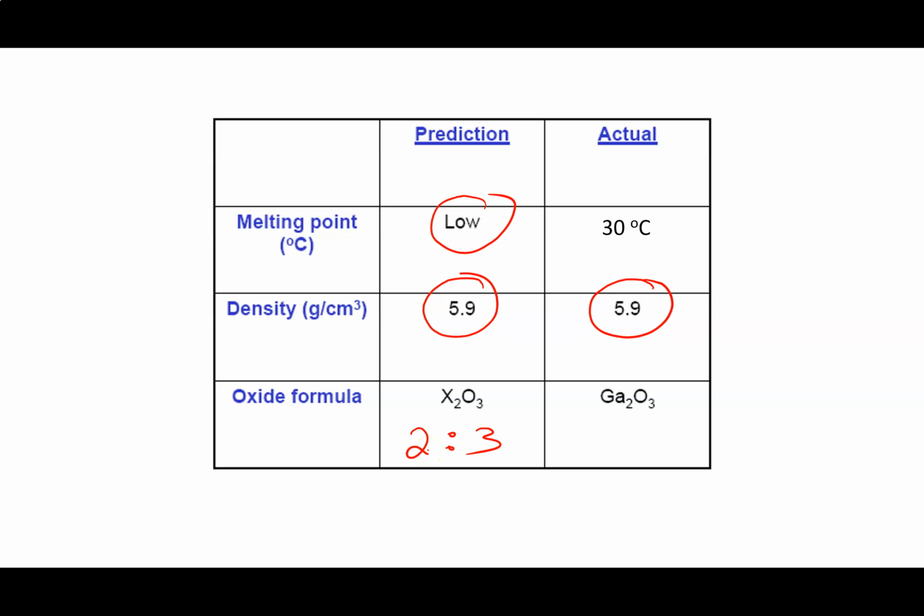That is, 2 Eka aluminum atoms will combine with 3 oxygen atoms. And sure enough, when you react gallium with oxygen, that's exactly the way that it behaves. So he nailed it, right? And he did this for more than one element. So the system works really, really well.